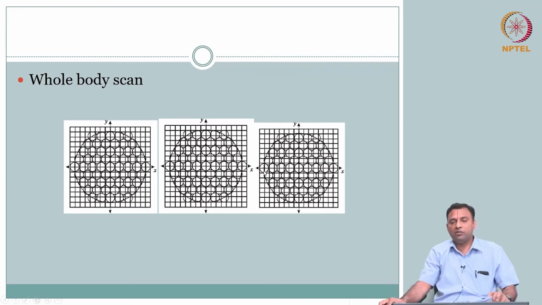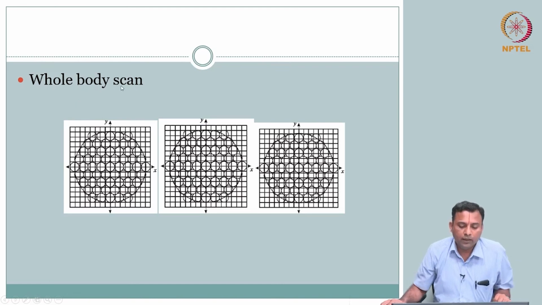Maybe the acquisition time is going to be a little more because you have to do this 2D frame at different locations in the body till you cover the whole body. Okay. So that's your different modes of imaging.